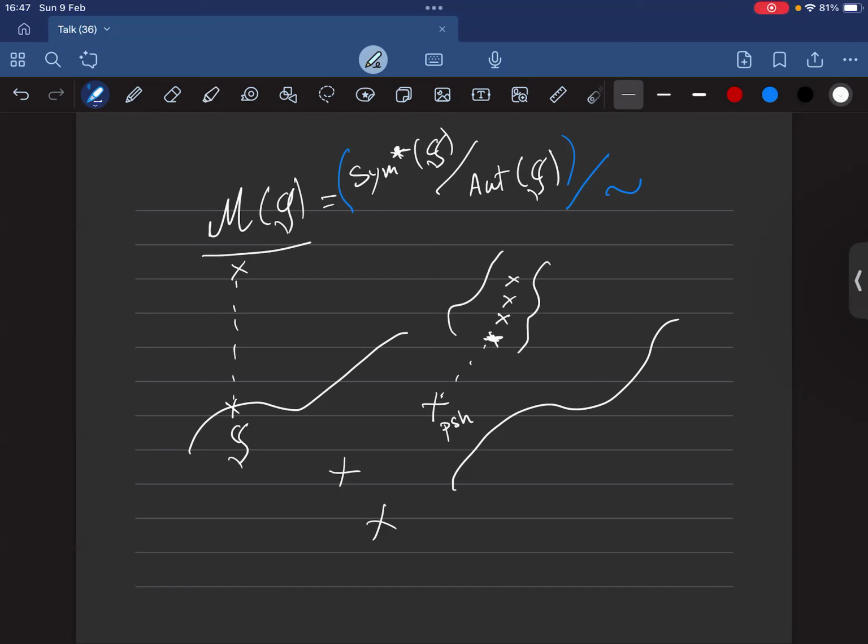And for each of these classes in the moduli space, we choose a preferred representative. This representative will be called the normal form of the left-invariant metric. So for each class, it's generically a 5-dimensional space of left-invariant metrics, and we choose only one representative.